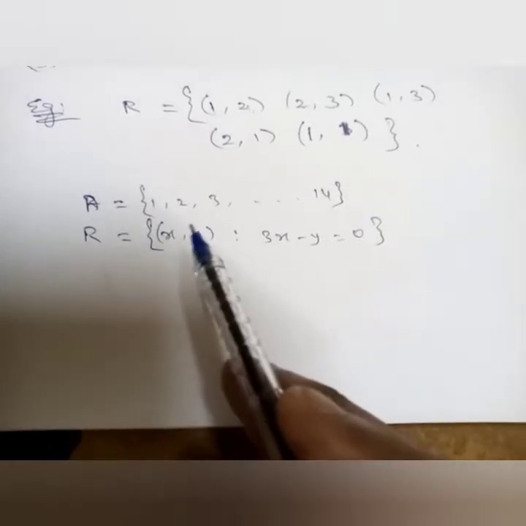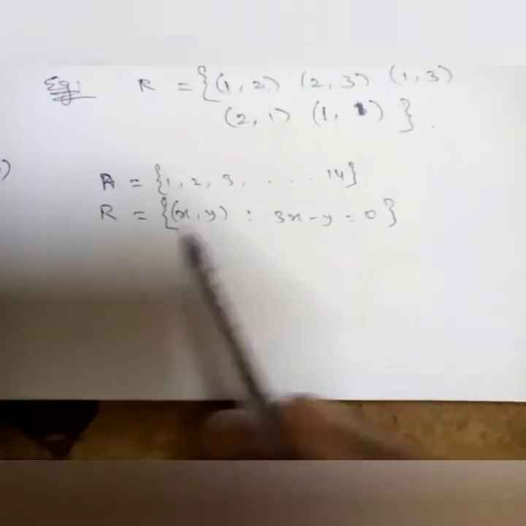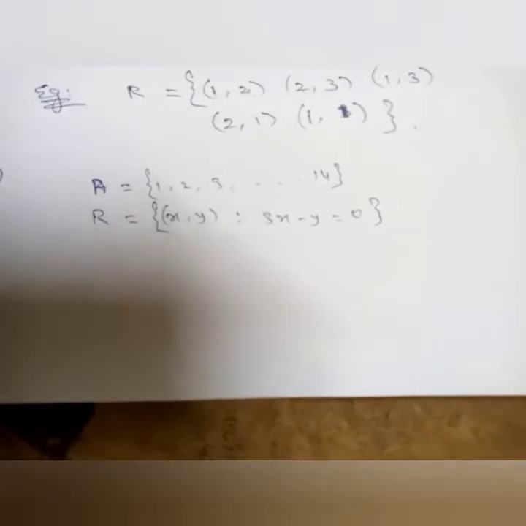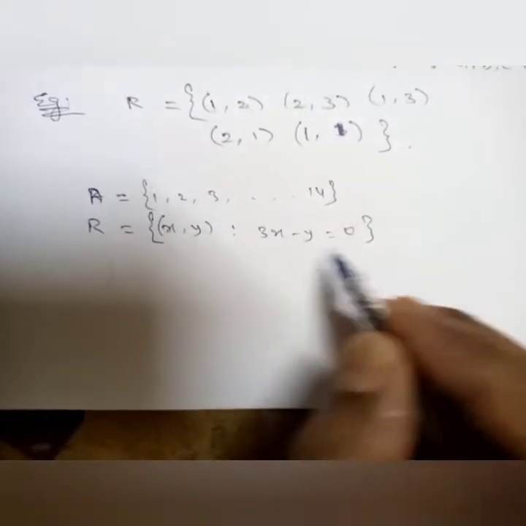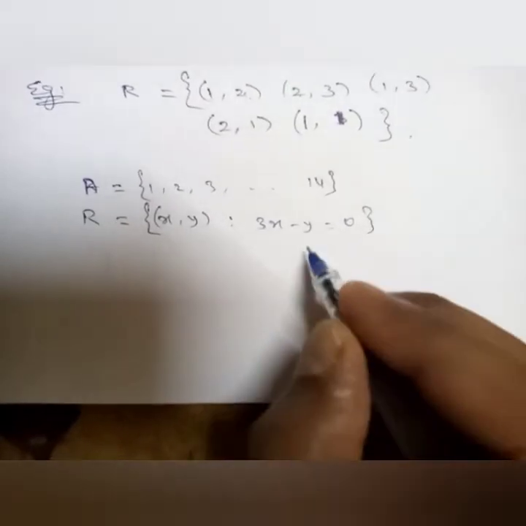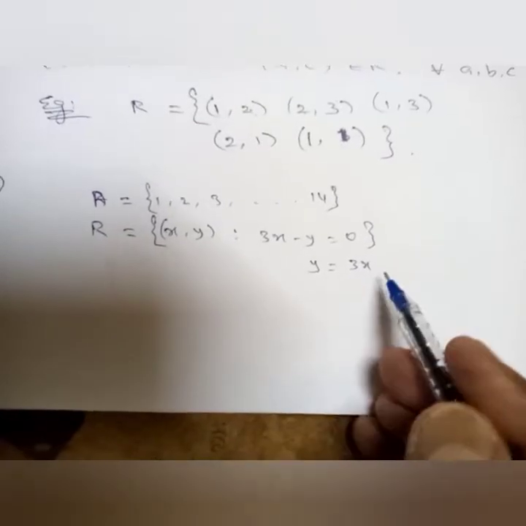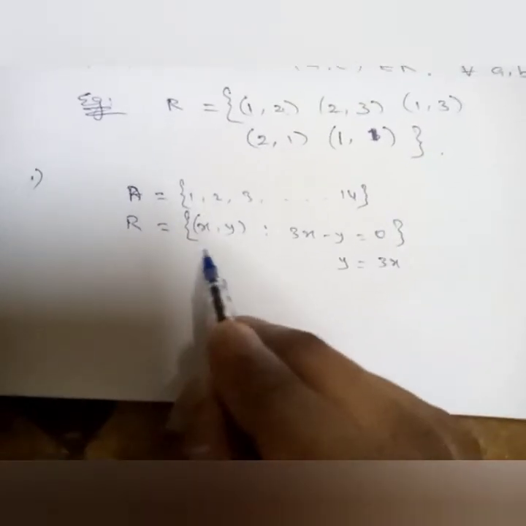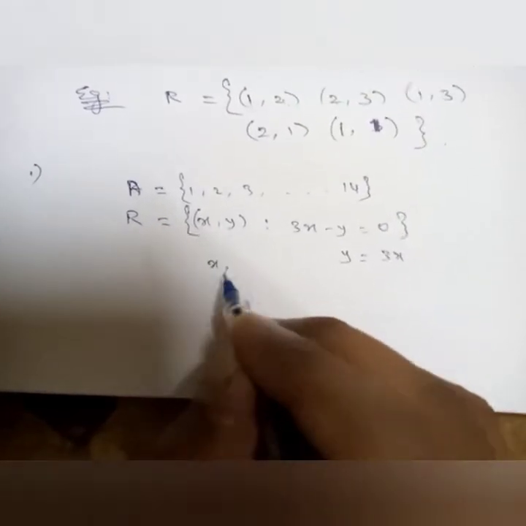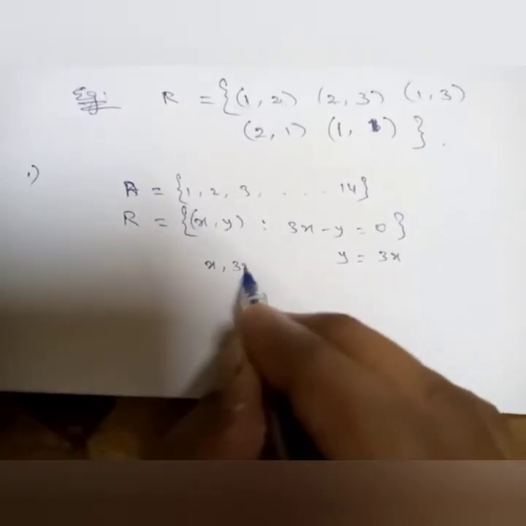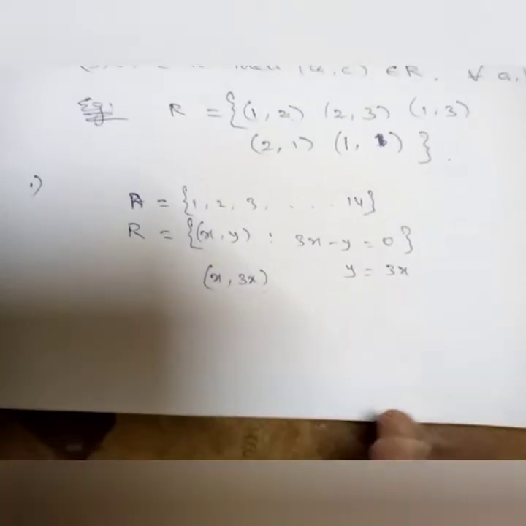A = {1, 2, 3, 4, up to 14} they given. Then R = {(x, y) such that 3x − y = 0} they given. This way they can give 3x − y = 0 or y = 3x also. Like this also they can give, or here they can change like this. See here, (x, 3x) instead of y, like this also they can give.